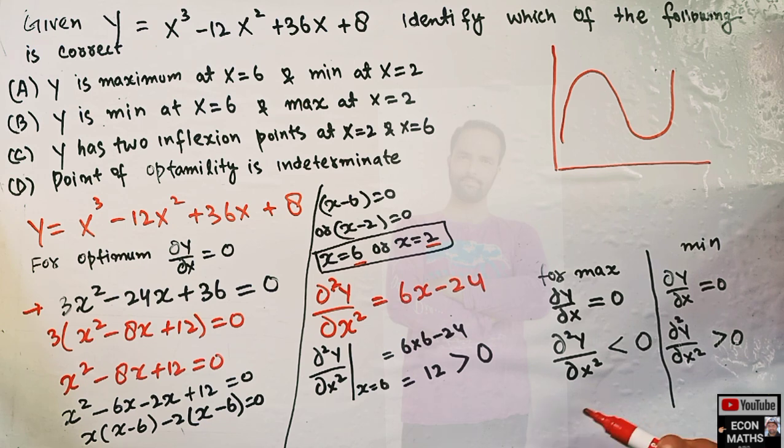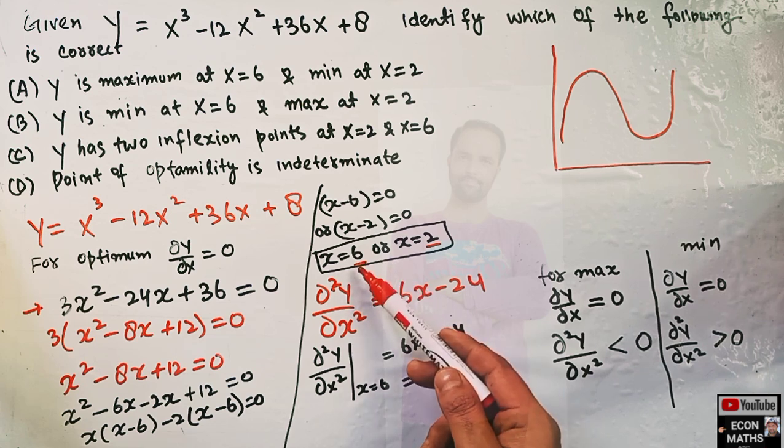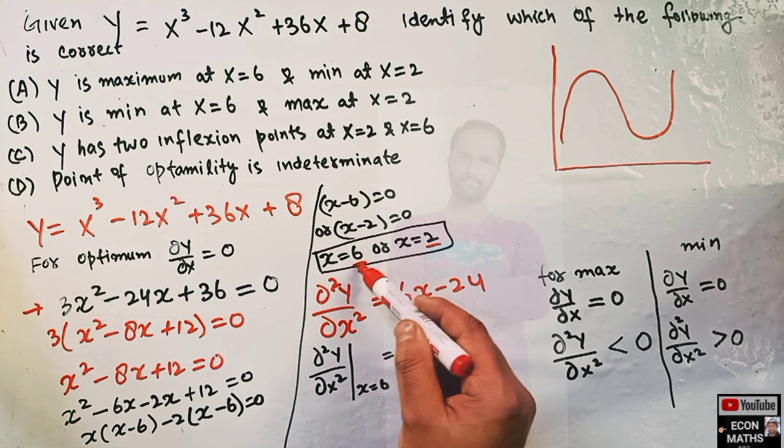So here we can see, first when we set dy upon dx equal to 0, we got 2 points. To check whether this point is at minimum or maximum, we need to take the second derivative. We took the second derivative and evaluated at this critical point. We got a number which is greater than 0. That means this point is at minimum.